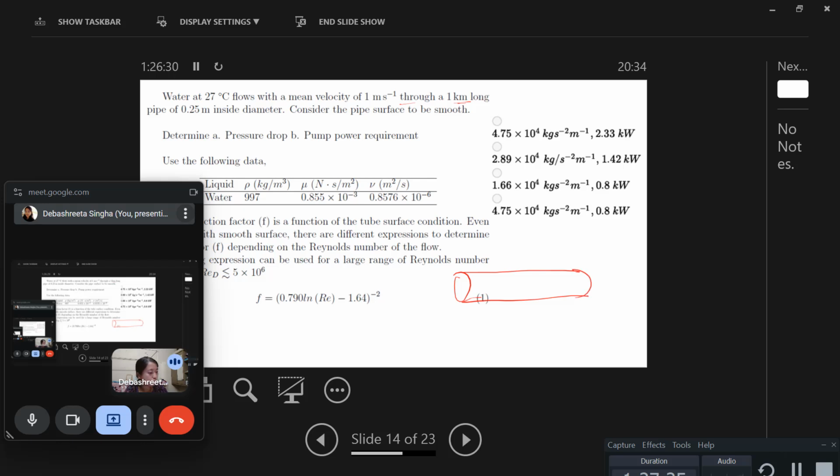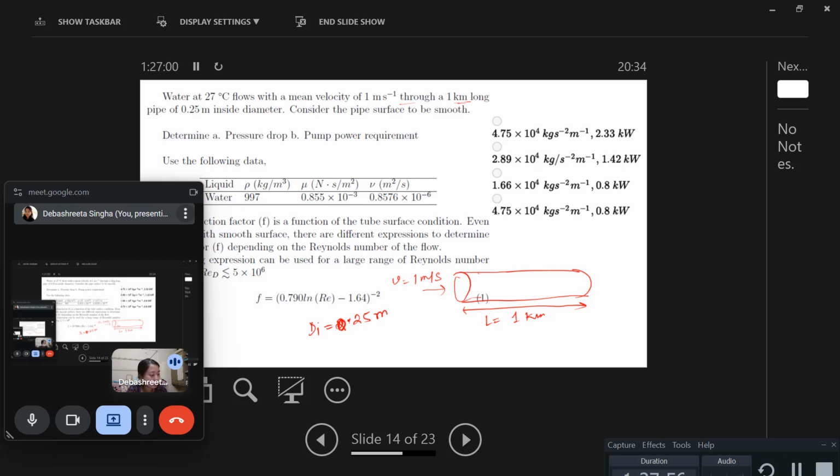So we have this tube and the inner diameter is 0.25, and the mean velocity is 1 meter per second through a 1 kilometer long pipe. Consider the pipe surface to be smooth.